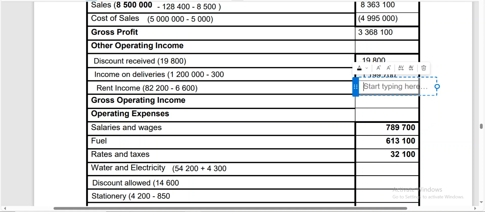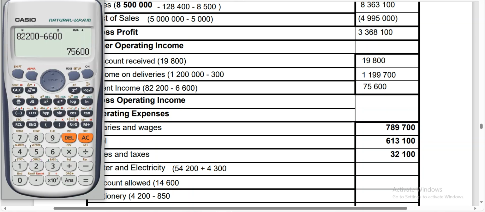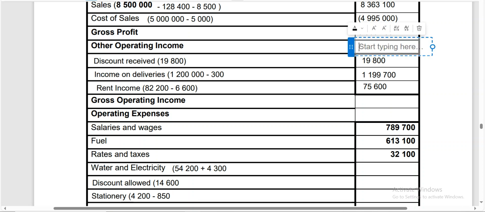So our answer here will be 75,600. And then we are going to add all these other operating incomes. 19,800 plus 1,199,700, and then also plus 75,600, is giving us 1,295,100.